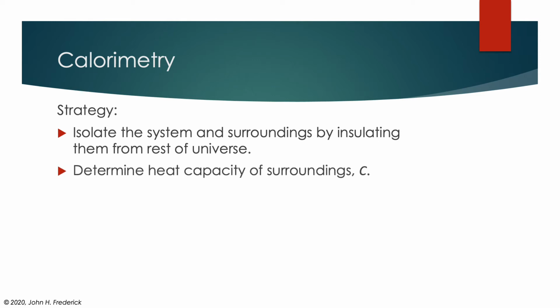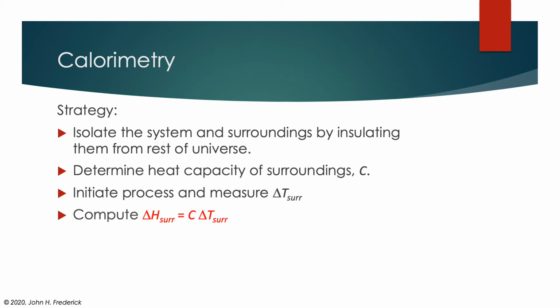Now we're going to determine the heat capacity of those surroundings, the ones that are right next to our system, because they're going to be the ones that either absorb or give up heat to the system. Once we have run our process, when we initiate it, we're going to measure the change in the temperature of the surroundings. And we're going to use that then to compute the enthalpy change of those surroundings. Since the enthalpy change of the surroundings complements the enthalpy change of the system, we can easily get delta H of the system. All right, so this is the basic strategy that all calorimetry experiments utilize.